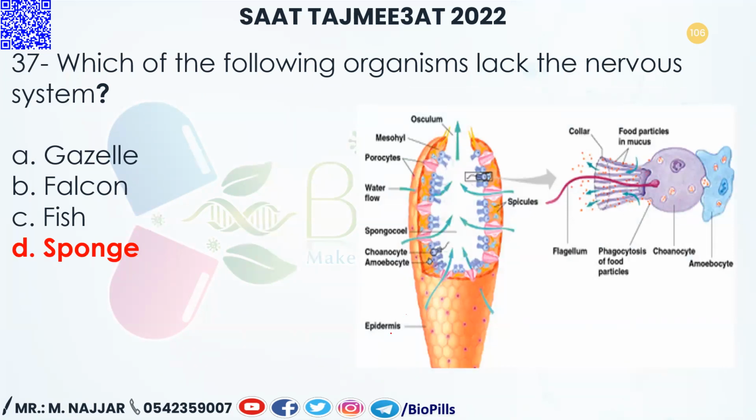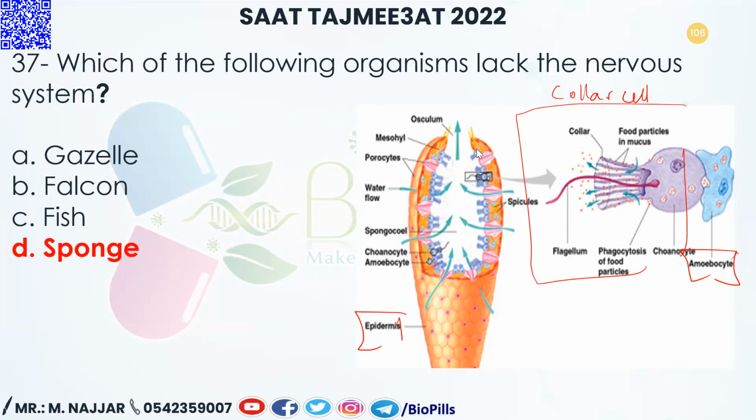One is the epidermis, then the amoebocyte, third is the choanocyte, called collar cell. Exactly. Those are the 3 cells that are found in the sponge. The sponge has specialized cells, but lacks the specialized tissues and specialized systems.